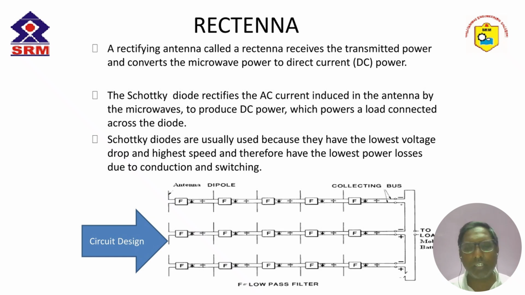Schottky diodes are usually used because they have the lowest voltage drop and highest speed, and therefore have the lowest power losses due to conduction and switching. Here is the diagram for the rectenna. The input is the circuit design. The parts present here are antenna, dipole, collecting bus, and the last one is the low pass filter.